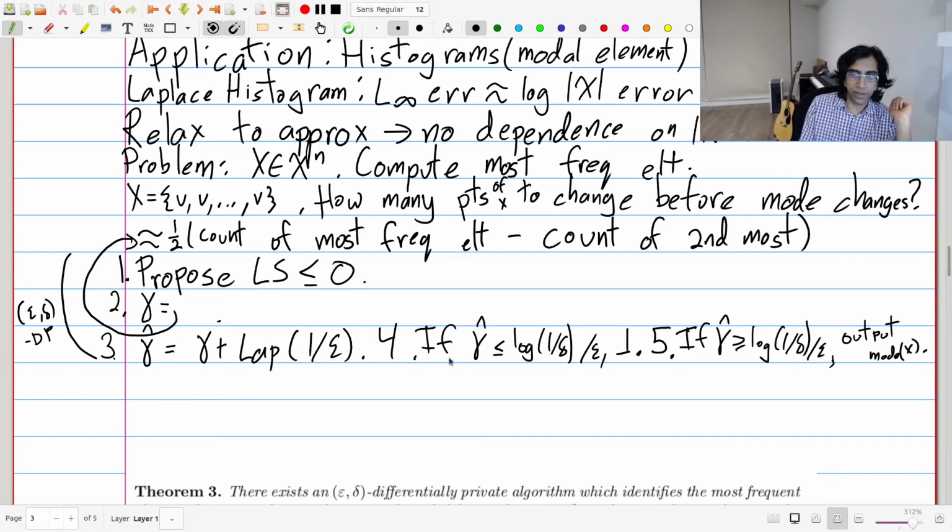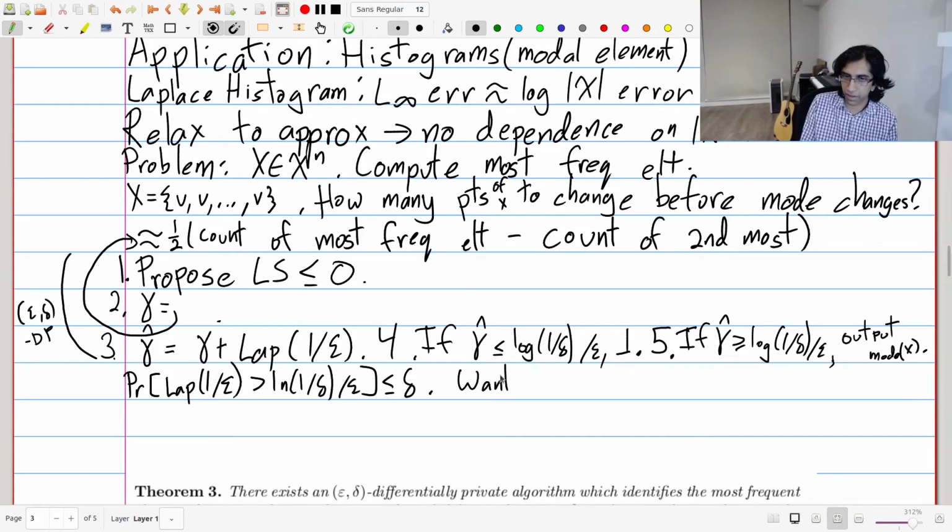Now we know by Laplace tail bounds that the probability that a Laplace random variable with parameter 1 over epsilon is greater than ln of 1 over delta over epsilon is less than or equal to delta. So that implies that if the value of gamma hat is greater than 2 times this, then we're good. Then we're going to output the mode with probability 1 minus delta.